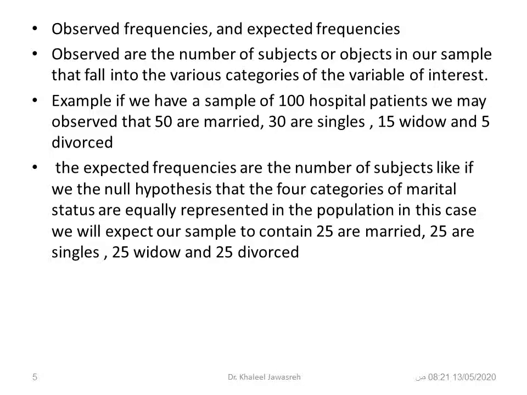If we multiply the 100 by 25%, for the married patients, we expect to have 25 married individuals. And 100 by 25% means we will get 25 single patients, and so on for the others. So the expected is totally different from the observed.